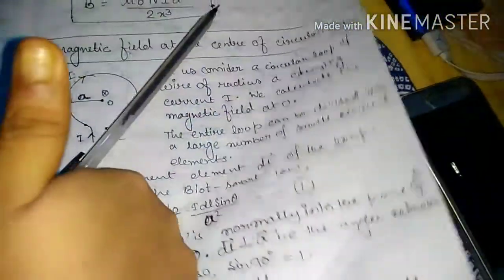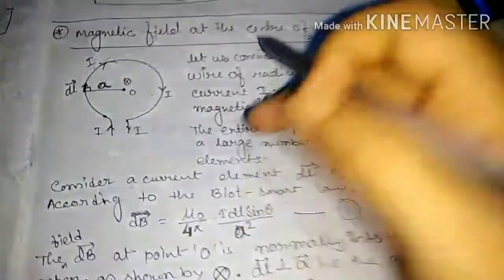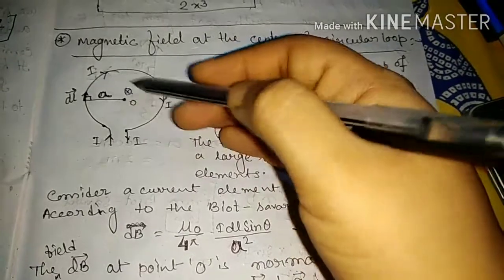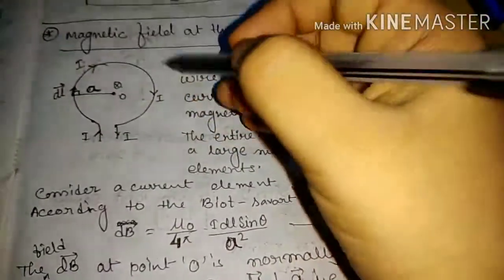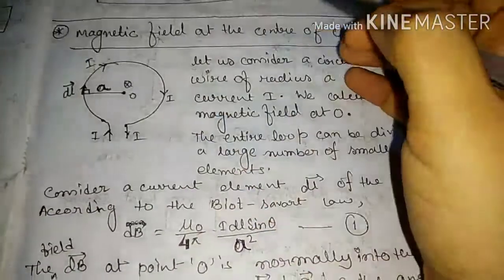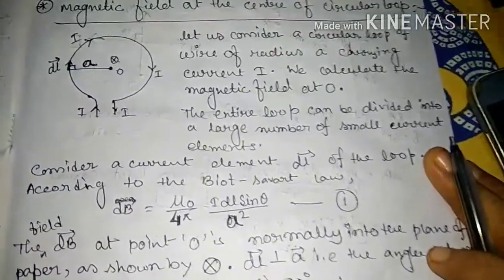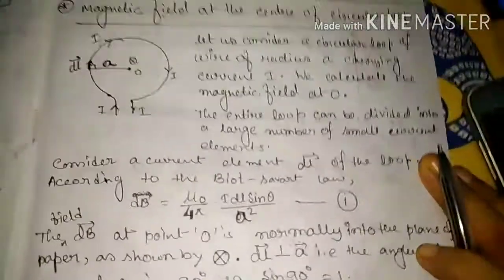If we use the right hand thumb rule, this is the direction of current and the direction of the magnetic field is normally into the paper. That's why I will mention it as a cross sign. This is very important for this chapter.